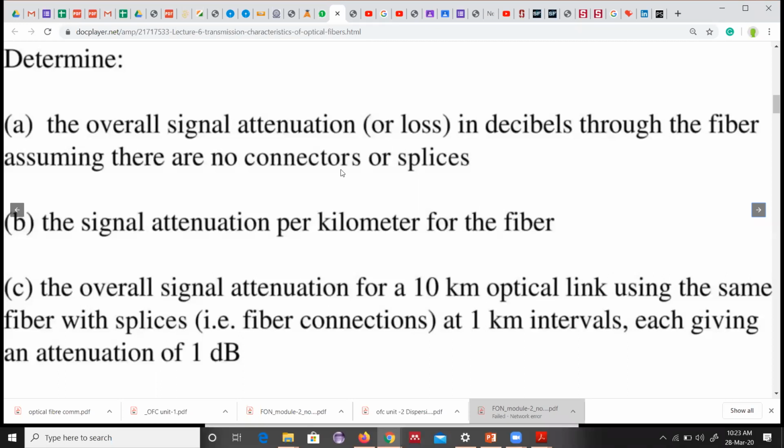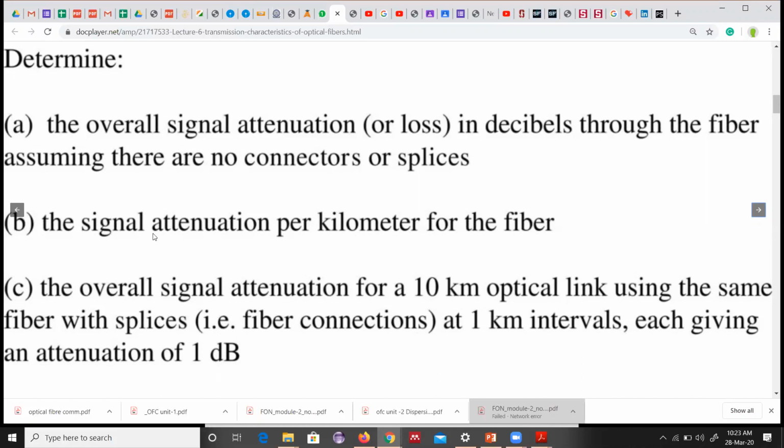In between, we are supposed to connect connectors or splices. So we need to cut the optical fiber, place the connector and re-establish the connection. If there are connectors, the loss will increase.